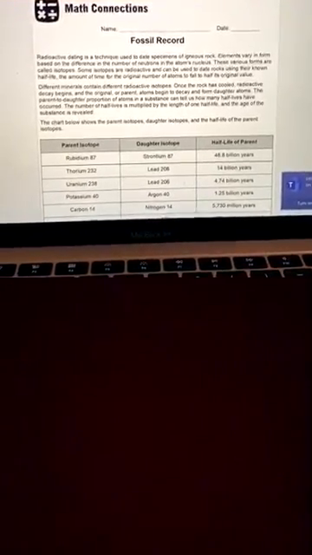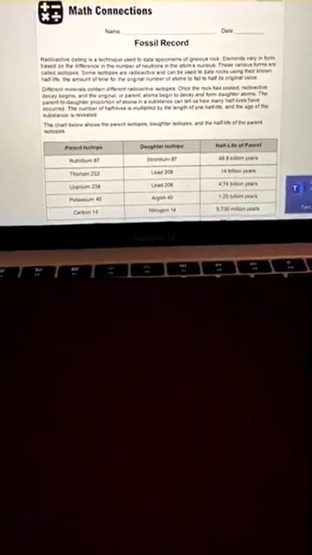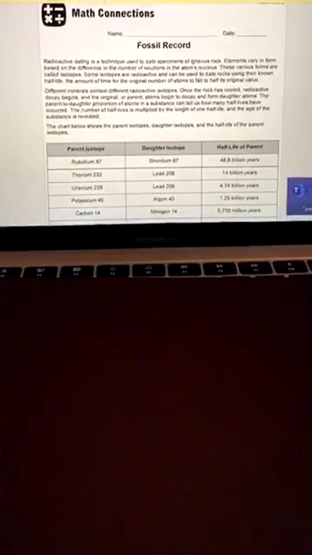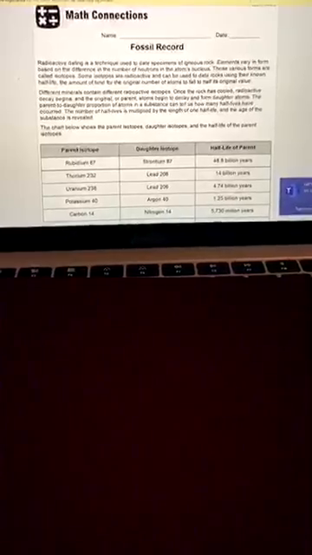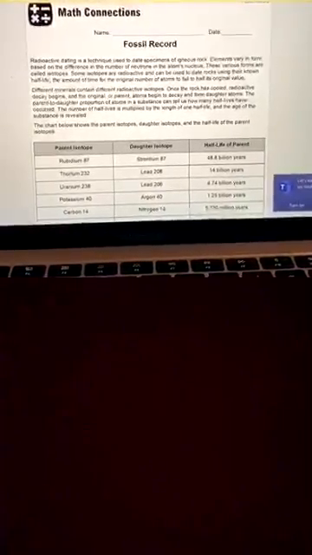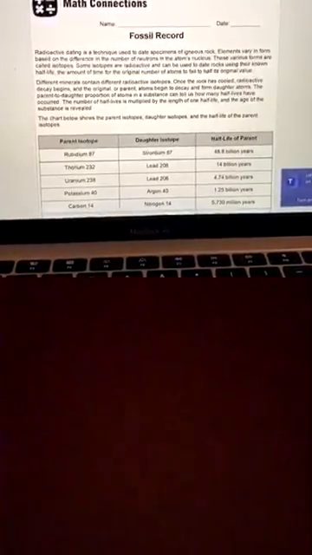Different minerals contain different radioactive isotopes. Once the rock has cooled, radioactive decay begins, and the original or parent atoms begin to decay and form daughter atoms. The parent-to-daughter proportion of atoms in a substance can tell us how many half-lives have occurred. The number of half-lives is multiplied by the length of one half-life, and the age of this substance is revealed.